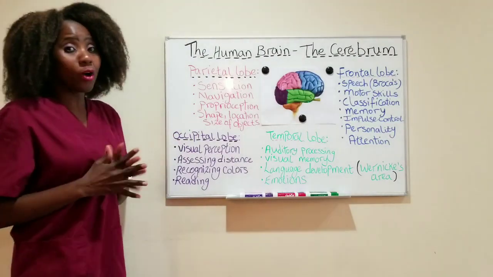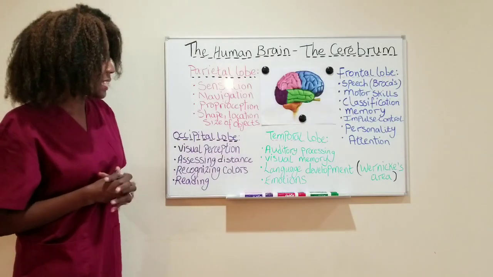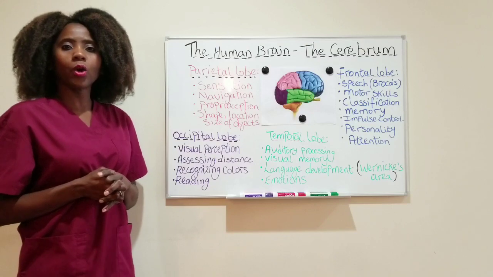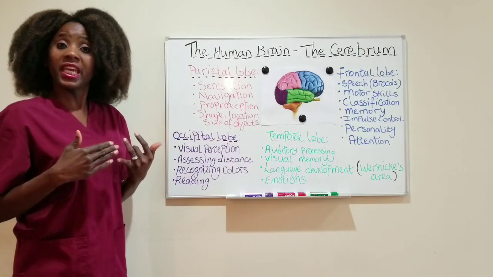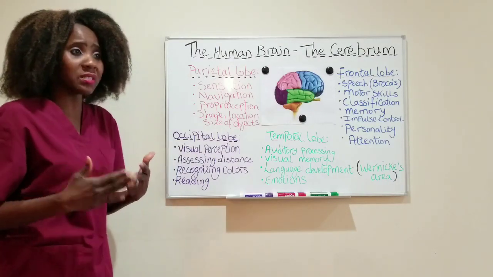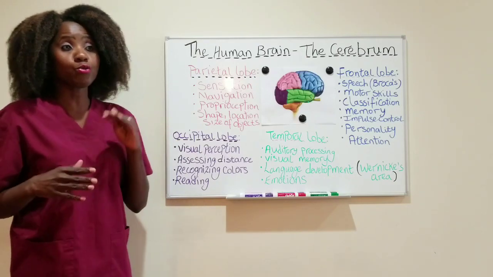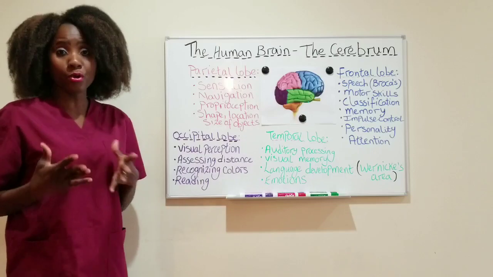So the primary function of the temporal lobe is auditory processing, meaning that the temporal lobe helps us with hearing sounds, but not just hearing sounds, helping us to assign meaning to those sounds and also to remember sounds that we have heard previously.